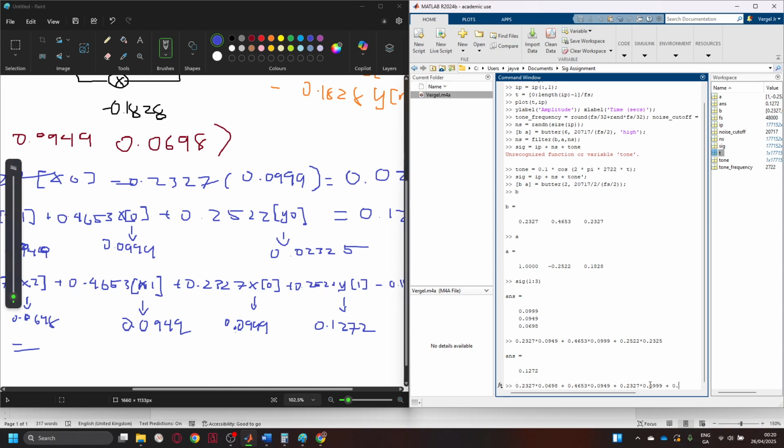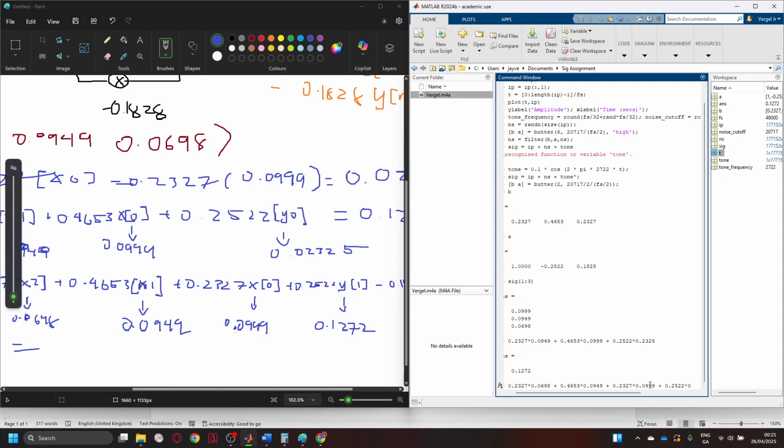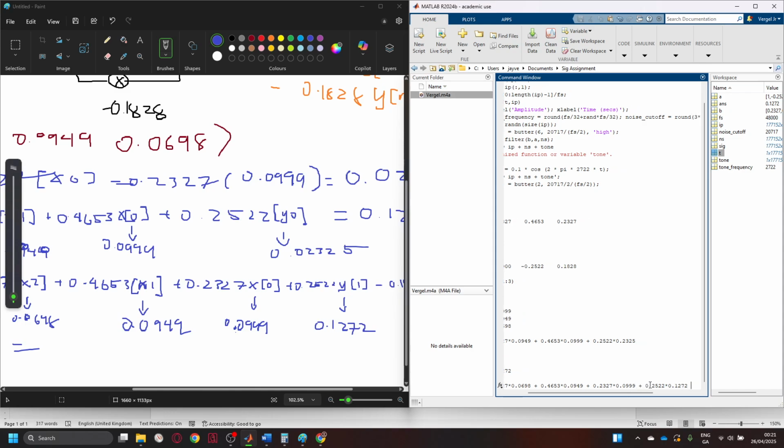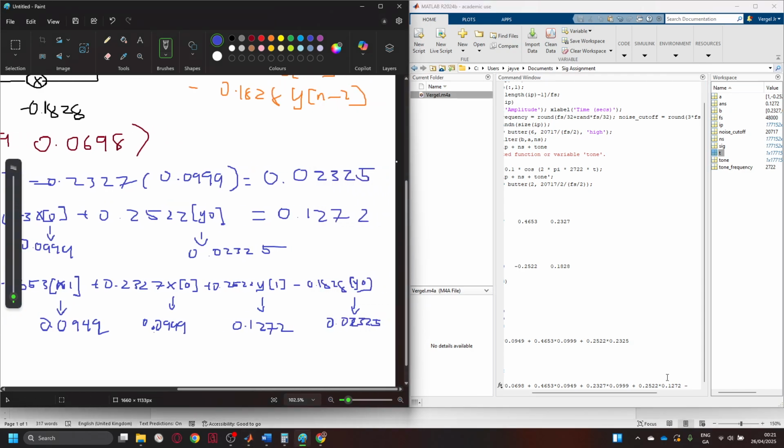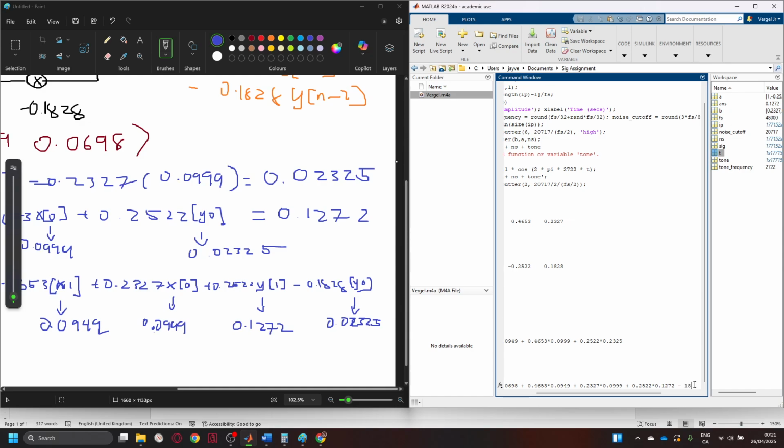Plus 0.2522 multiplied by 0.172, plus the last one was minus 0.1828 multiplied by 0.02325.